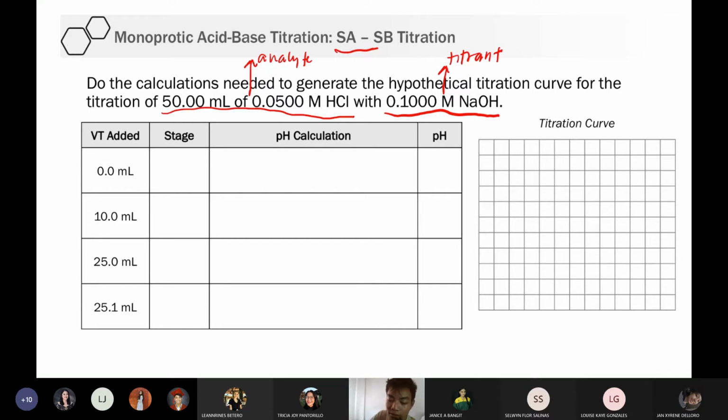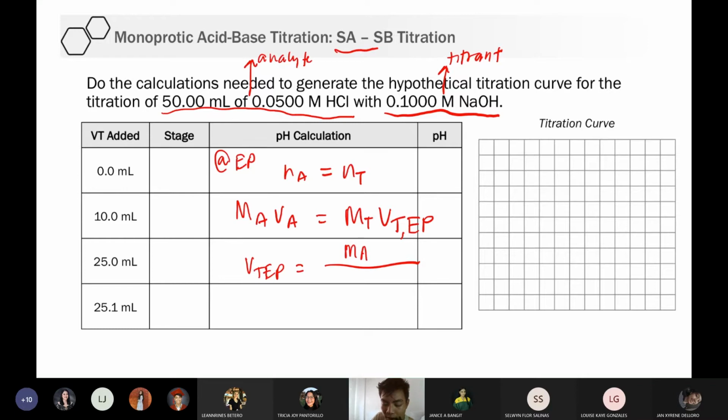Remember, sabi ko kanina at equivalence point, mole analyte equals mole titrant. Diba? We can express the mole analyte as MAVA equals MTVT. Ang hahanapin natin ay yung volume ng titrant at equivalence point or the VTEP.